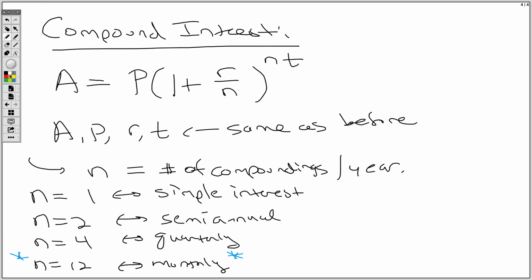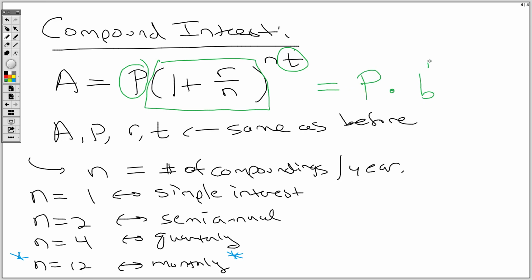And so what you can see here in terms of exponential functions, the P, that's your initial investment. That's going to be fixed. The rate and the number of compoundings are going to be fixed. So this is acting like the base of your exponential, because usually the variable here is T. And so we're looking at P times b to the NT.